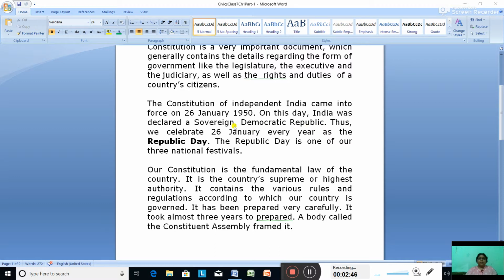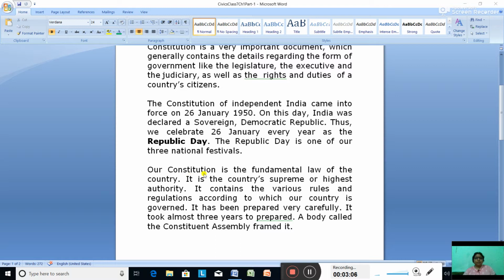Thus we celebrate 26 January every year as Republic Day. You know very well that Republic Day is one of our three national festivals.